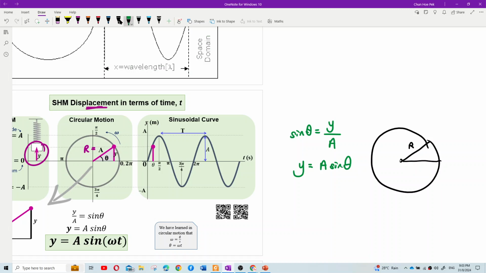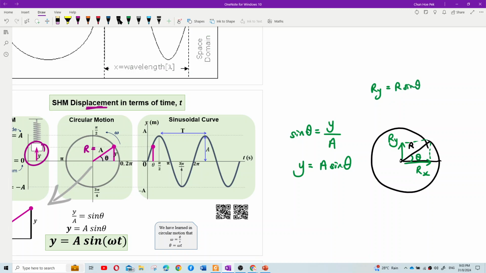Kita nak cari dia punya ry, dia punya y component. Dia punya ry ialah displacement yang kita nak cari.